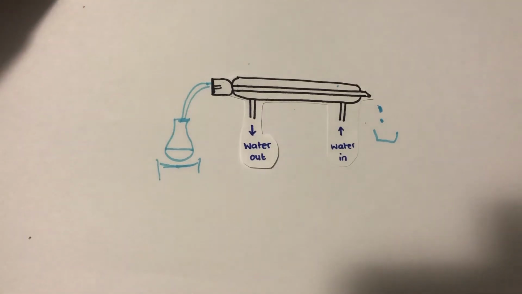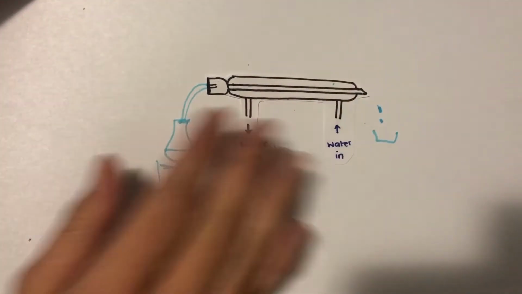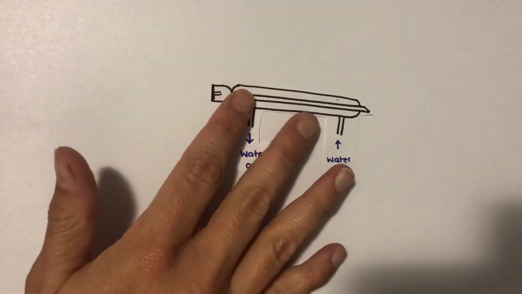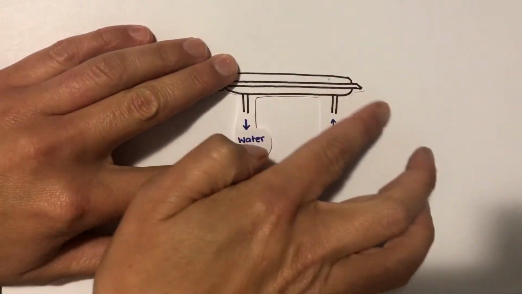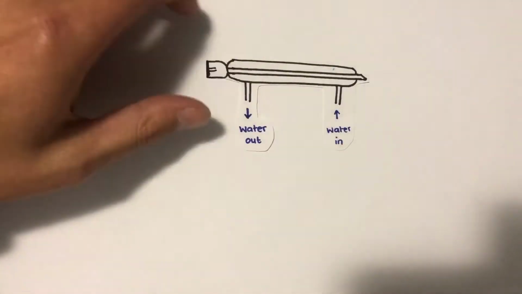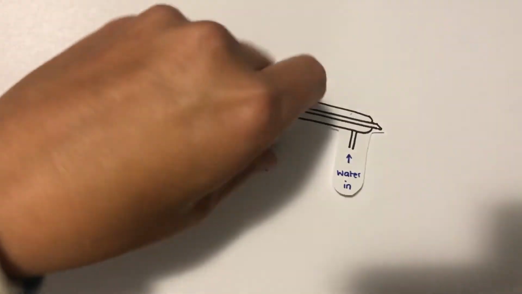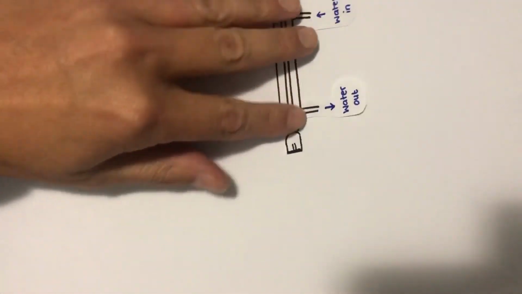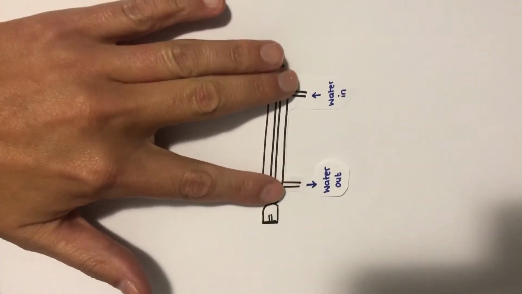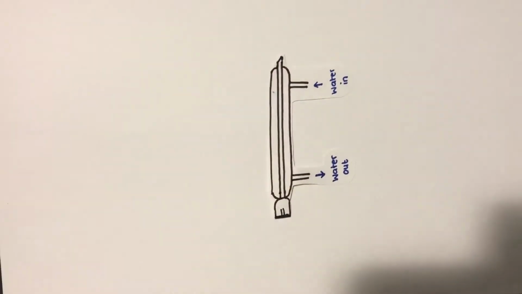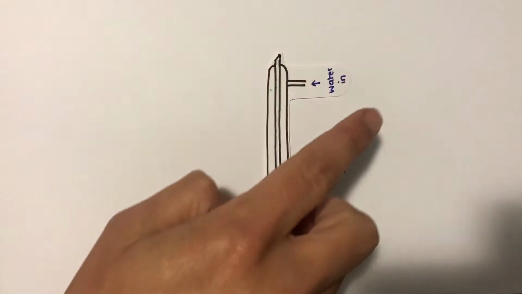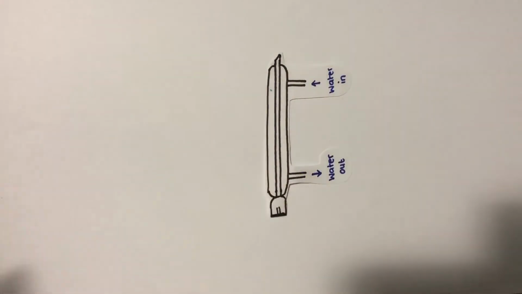So reflux is pretty much the same tube. It's a bit shorter, but we could say it's the same one. And what happens is we don't use this tube to make the liquid escape at the end. We turn the tube upside down, so it looks like this, and we still have water going in and out, circulating around the inner tube.